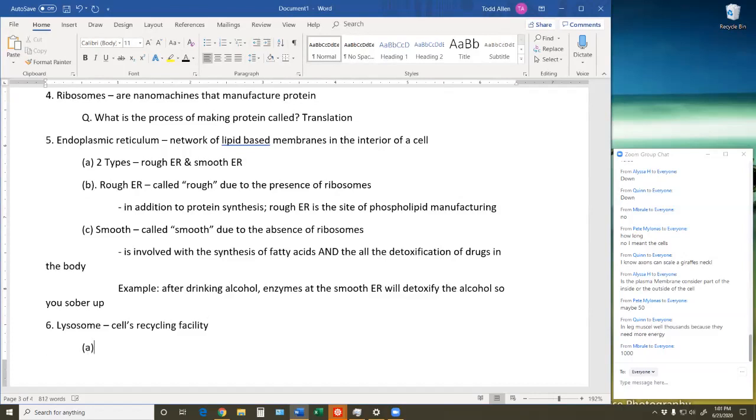The lysosome can also be used for cell defense. Think about it for a minute. Maybe you live somewhere where you have a lot of property with some trees, and every once in a while a storm will knock down some branches, and they're a pain to get rid of.